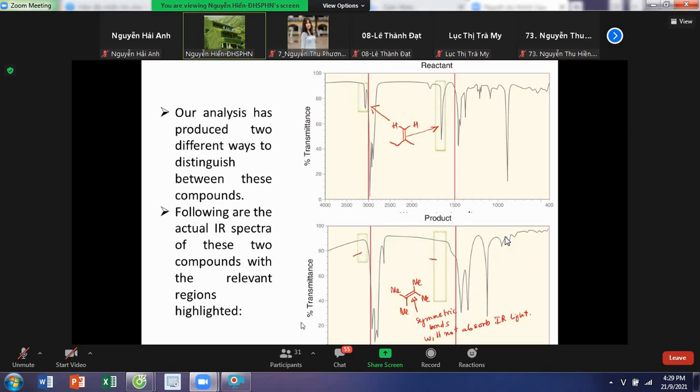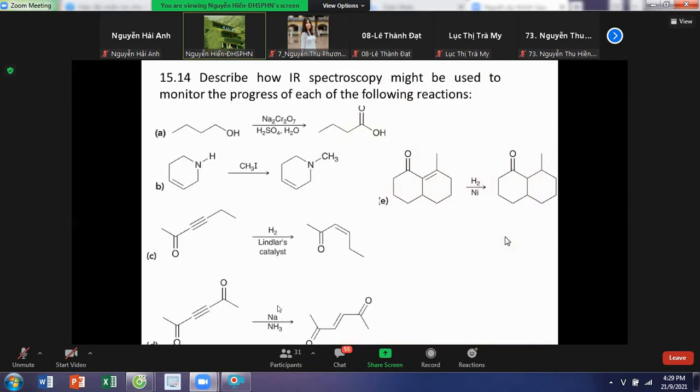Okay, so I think we will go through this exercise very fast so that we know how to use infrared spectrum to distinguish between the starting materials and products.